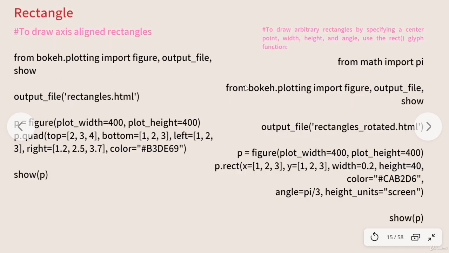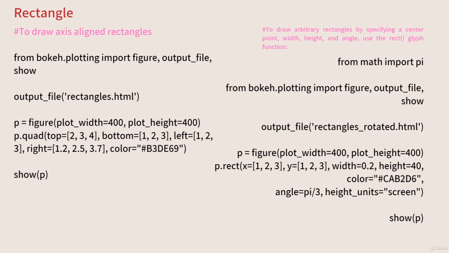And then there is a rectangle, again a different type of glyph after circle. Rectangles, we have two options here. One is that you can draw an axis aligned rectangle, and the other is you can draw arbitrary rectangles as well.